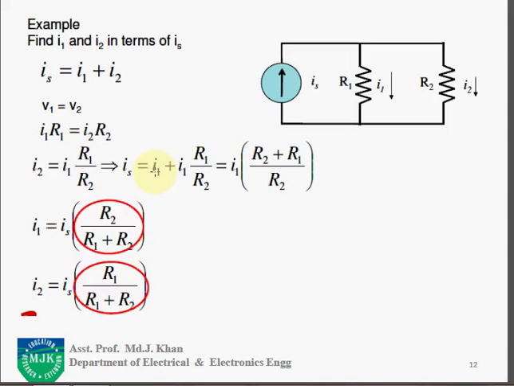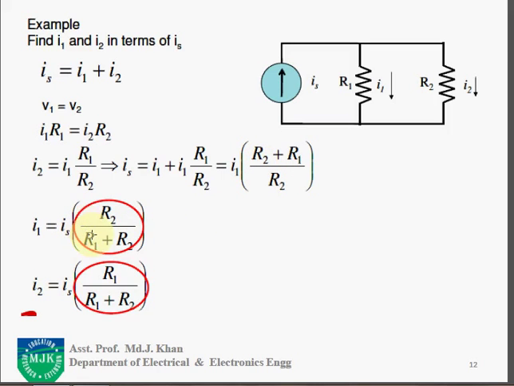Similarly, IS is equal to I1 plus I2. IS is the supply current, the total current, which is dividing into I1 and I2. I have explained KCL: IS is equal to I1 plus I2. Instead of I2, I place I1 R1 upon R2, and by solving I get this equation.